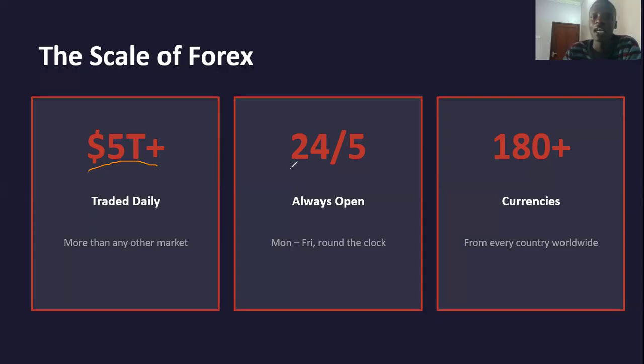One of the other characteristics you should know is that it's open 24 hours for each of the 5 days during the weekdays. It's always open, that is from Monday to Friday, 24/5. That's what it means, so there's no closure on the market.